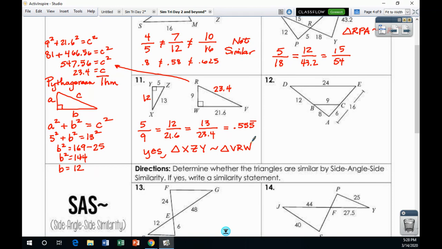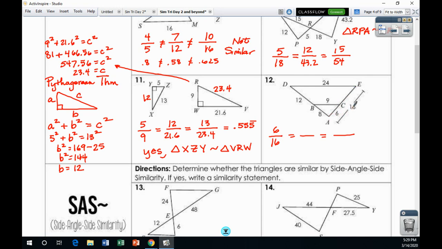So we've got this little small triangle, and we're talking about then the entire triangle. So again, you want to make sure you're using the entire sides right here, okay? Okay, so let's start with 6. So we would go 6 over 16, because we're saying this side compared to this entire side.